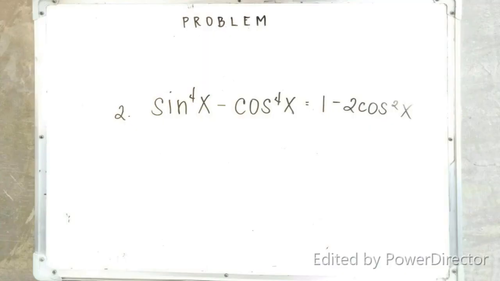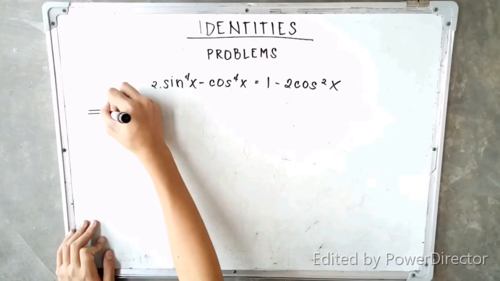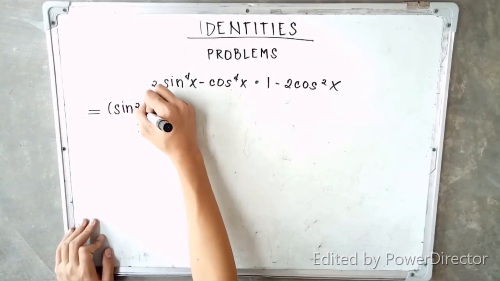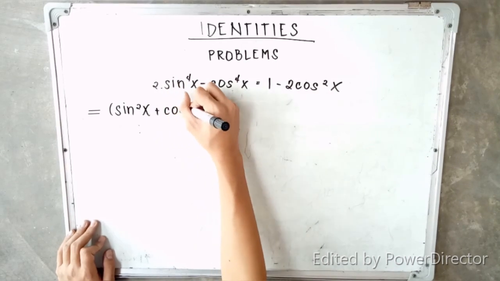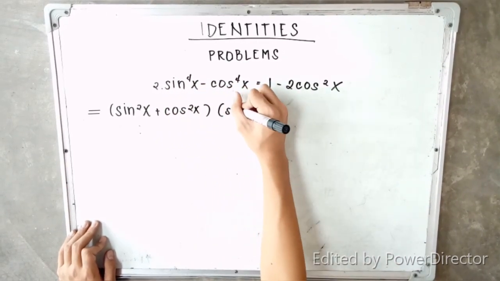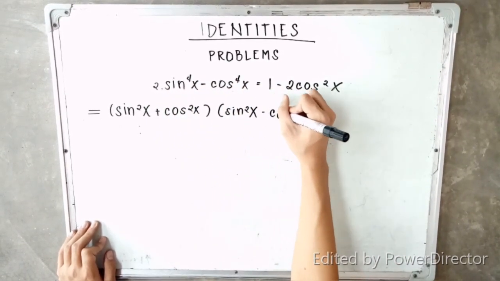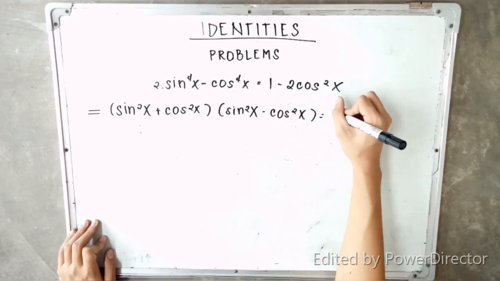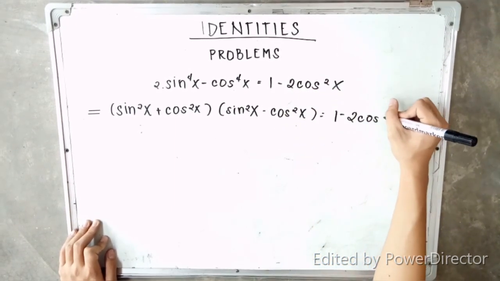For number 2, sine to the 4th x minus cosine to the 4th x is equal to 1 minus 2 cosine squared x. By using the difference of two squares, expand the given to sine squared x minus cosine squared x multiplied by sine squared x plus cosine squared x equals 1 minus 2 cosine squared x.